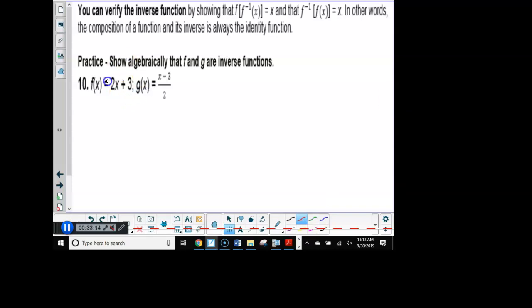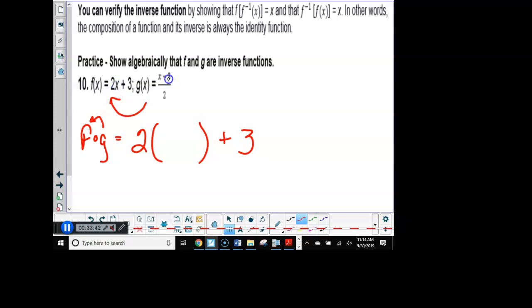You have one of these to show. So let's put g into f first. So that would be this one. G is going into f. So we would write 2 times the quantity where there was an x. What are we going to put in? Anybody awake?